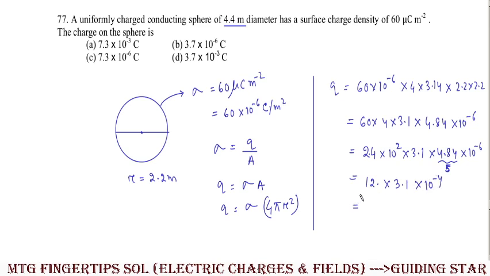This value will be 36 point something, let it be 36.1 into 10 to the power minus 4, or 3.6 into 10 to the power minus 3. So this will be the charge, 3.6 or 3.7 into 10 to the power minus 3. So option D will be the correct one.